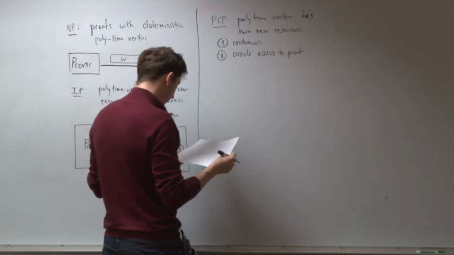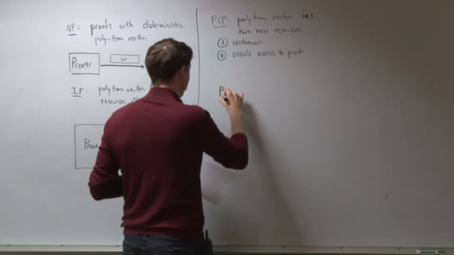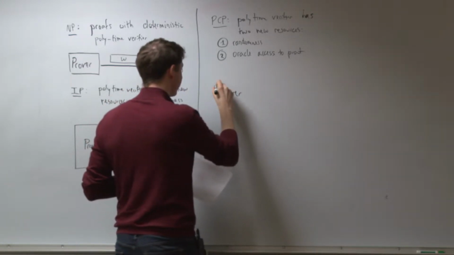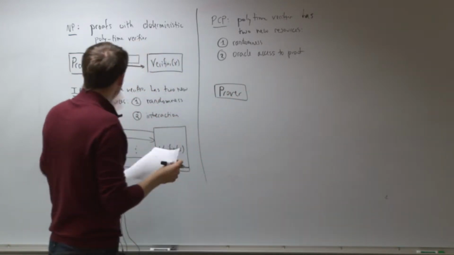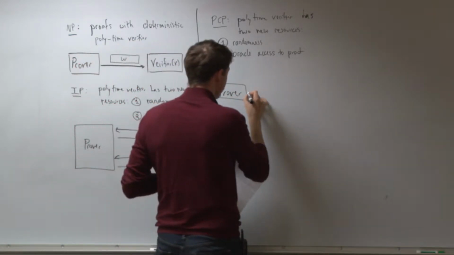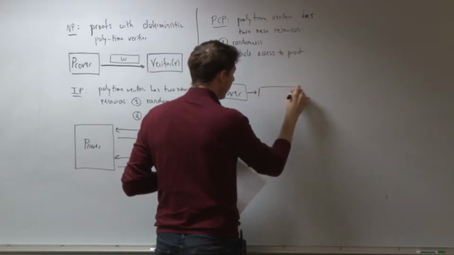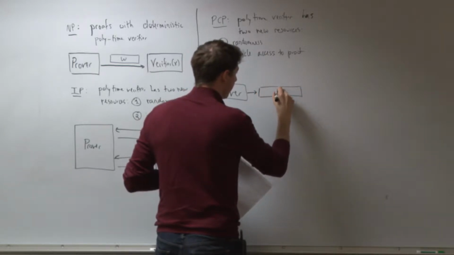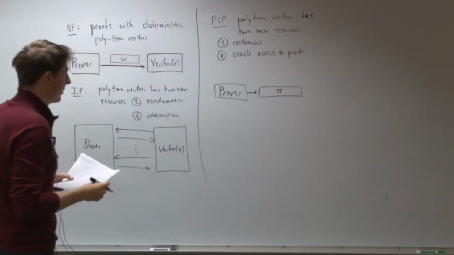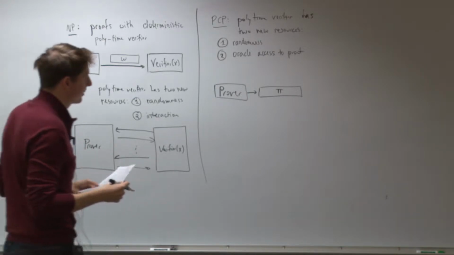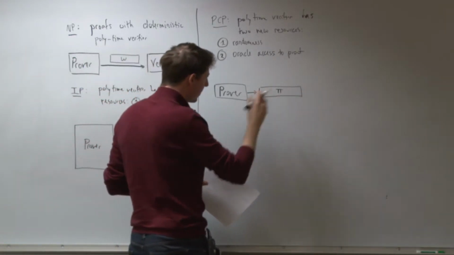All right, so pictorially, it looks like NP, where the prover spits out a string. Now we're going to call it pi, because it need not be a plain NP witness. It's really just a string of bits.